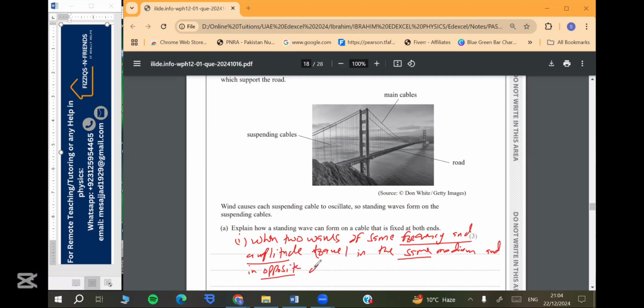This is also a keyword, in opposite direction. Then they do interfere and create standing or stationary waves. Why do we call them standing? Because these waves are not going anywhere. They're just oscillating, moving up and down between two fixed ends. Therefore, they can be considered as standstill. Okay.